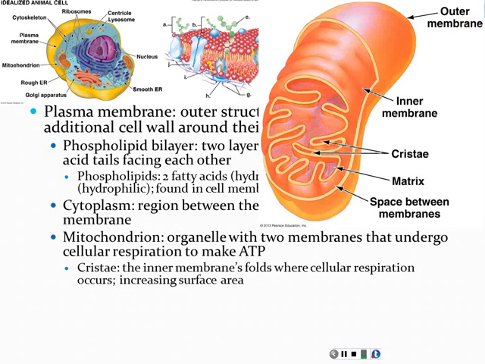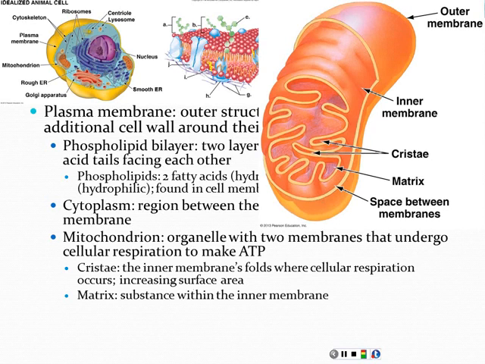These folds are there to increase the amount of surface area. Whenever you see folds, it usually means that it increases the amount of surface area. And that increase of the surface area allows us to make more and more ATP for cellular respiration to occur.